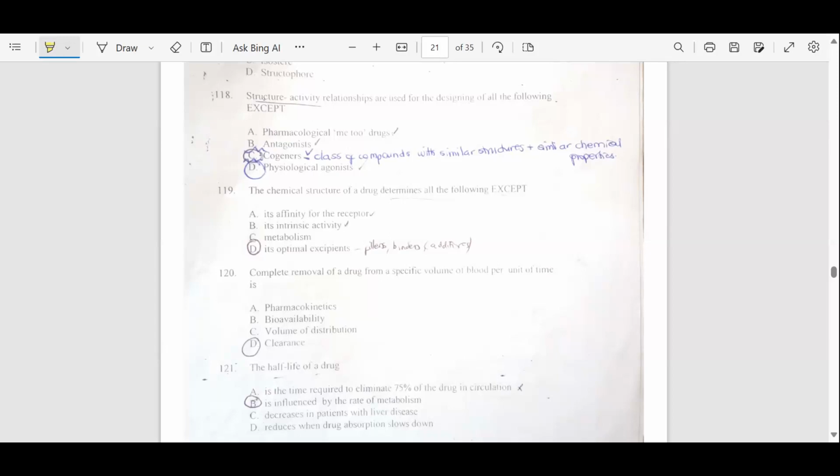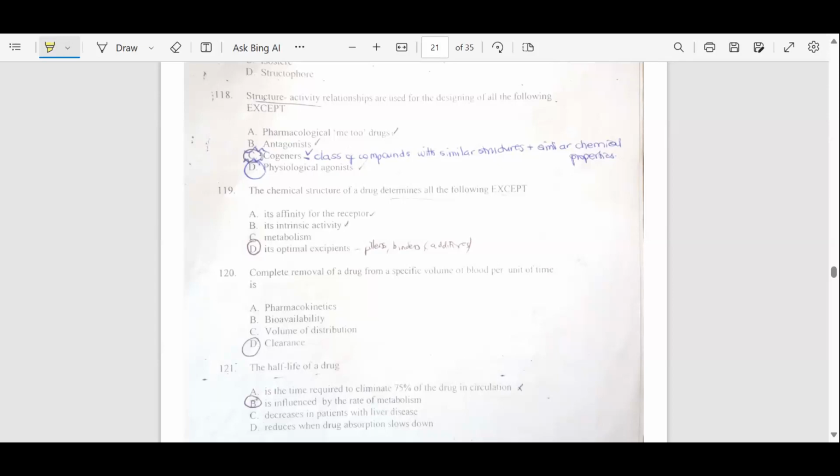Is Dr. Sam here? What do you think of this question, 118? I think I'd actually go with A as the answer, because if we take the antagonist, that is actually true.